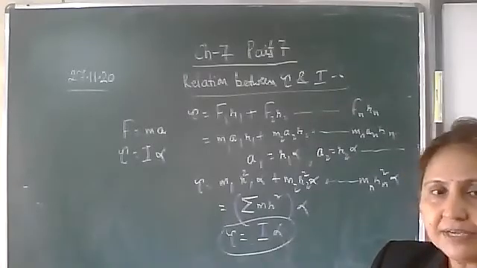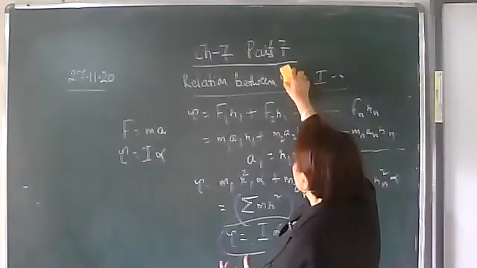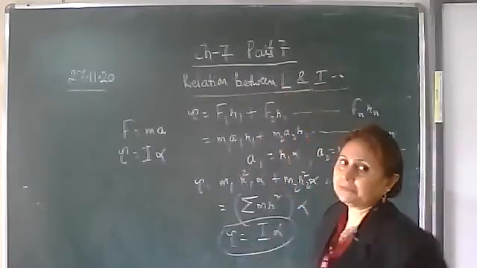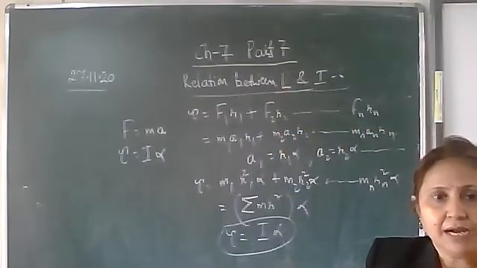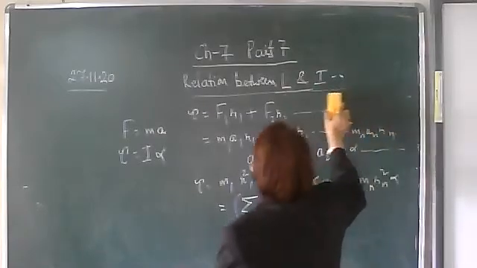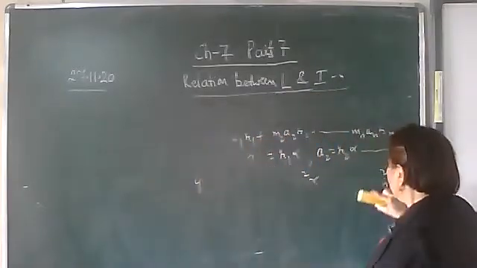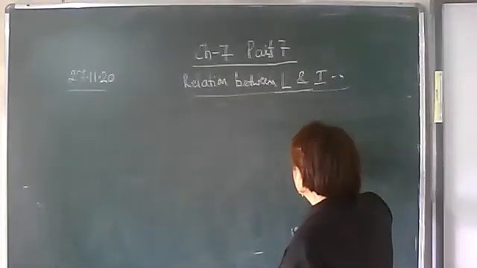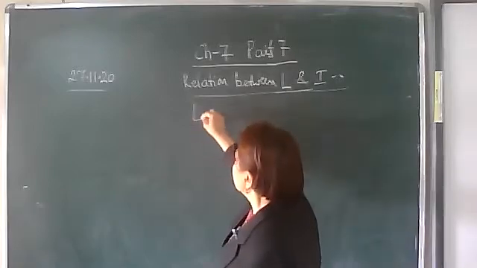Now let's find out the relation between angular momentum, which we represent by L, and moment of inertia I. We know that whenever a body is rotating, it possesses angular momentum, and it is equal to the sum of the angular momentum of each particle.